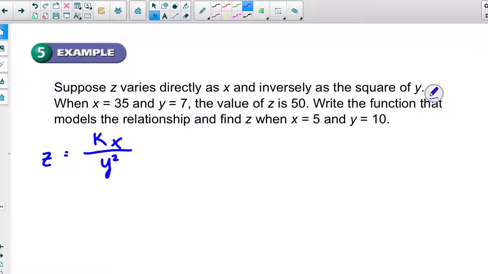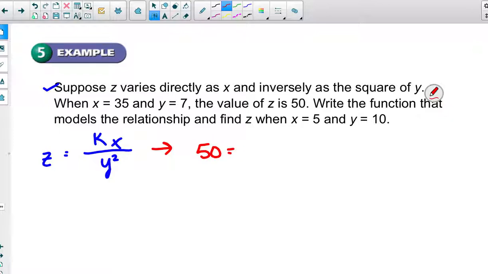Okay, so this is the formula we have: z equals kx divided by y squared. All right, so first sentence, done. Now, the second one: when x equals 35 and y equals 7, the value of z is 50. So we're going to take this equation we just created and substitute in the 3 values that were given. We have z is 50.